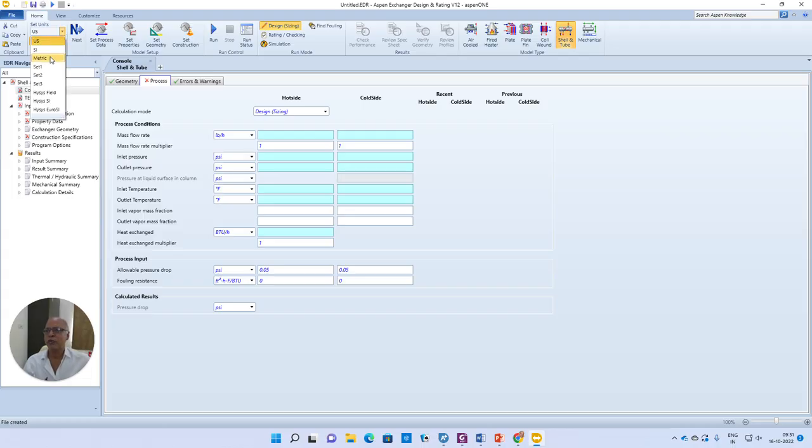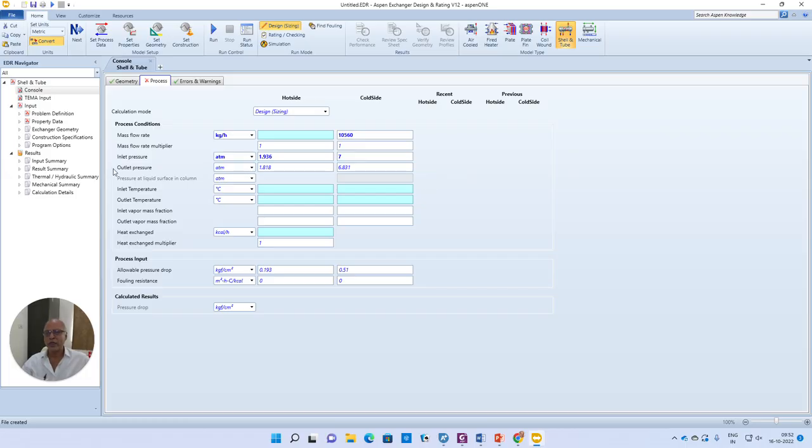I'll change the unit system to metric. We don't know the flow rate of the hot side. The cold side fluid is entering at the rate of 10,560 kg per hour. And the inlet pressure for the hot stream is 2 atmospheres, which is given in the problem statement. And the inlet pressure of the cold side is 7 atmospheres.